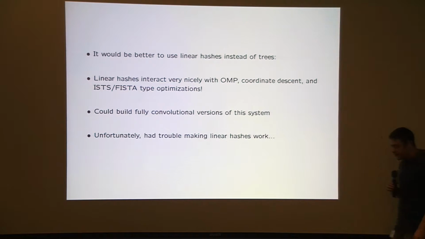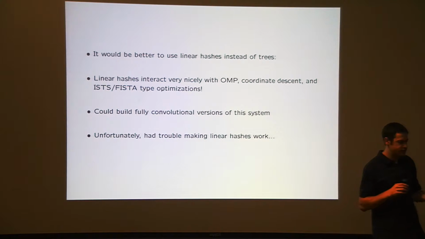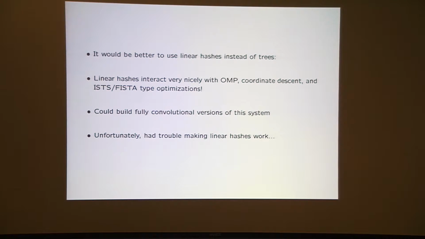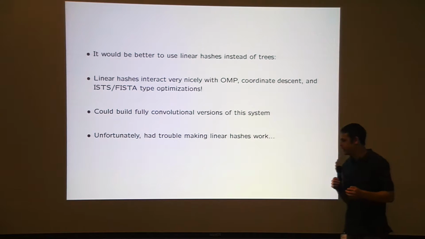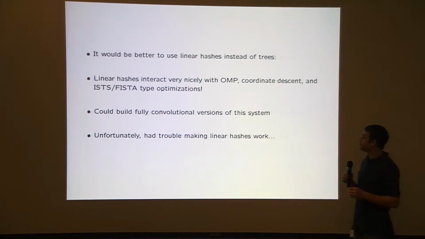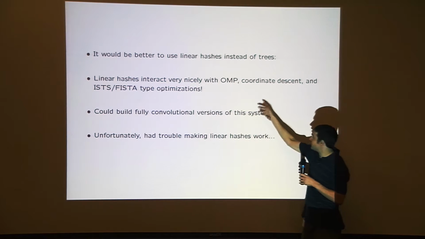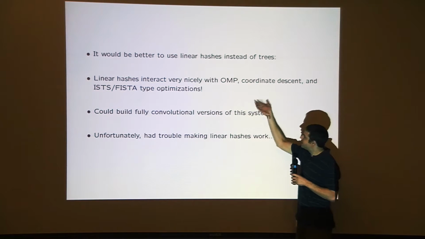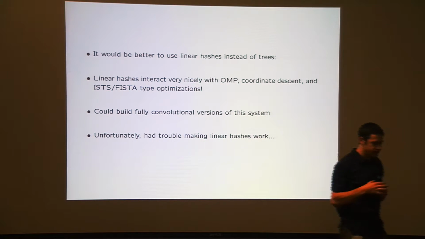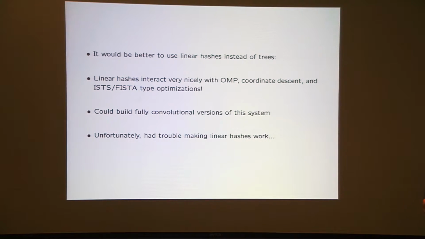So it would be better if you could use linear hashes instead of trees. There are lots of reasons why, but the simplest reason is this. Linear hashes interact really nicely with OMP, with every kind of sparse coding algorithm where you can play this covariance memorization game.